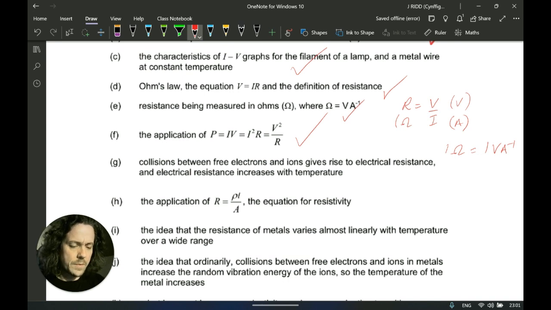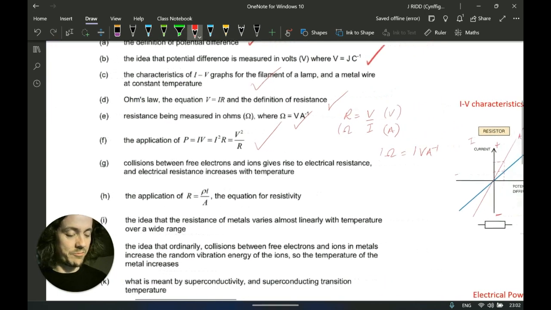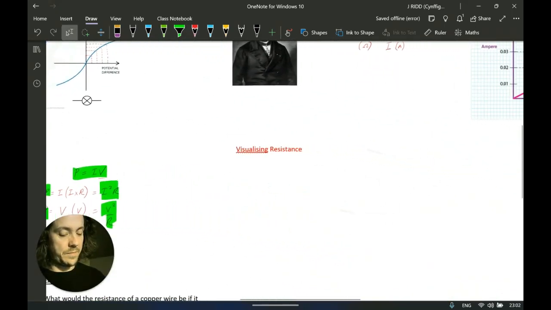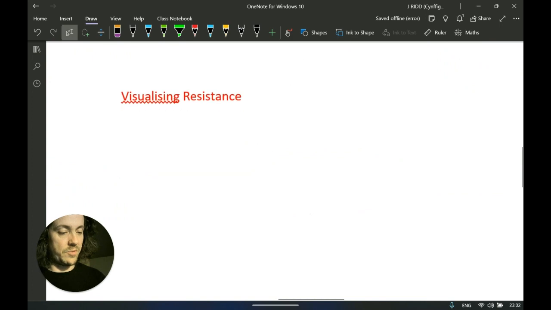Part G. Collisions between free electrons and ions gives rise to electrical resistance, and electrical resistance increases with temperature. Right, so I guess this would be visualizing resistance.